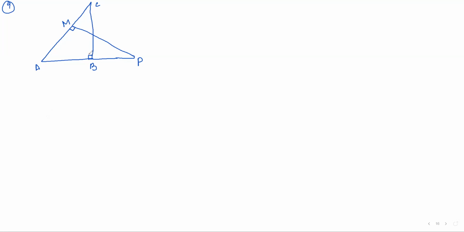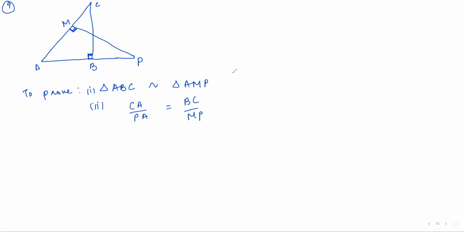ABC, so that means this angle is 90°, right? And AMP, so that means this angle M is 90°. Given that these angles are 90, you have to prove first of all that triangle ABC is similar to triangle AMP, right? And then second, you have to show that CA upon PA is equal to BC upon MP.